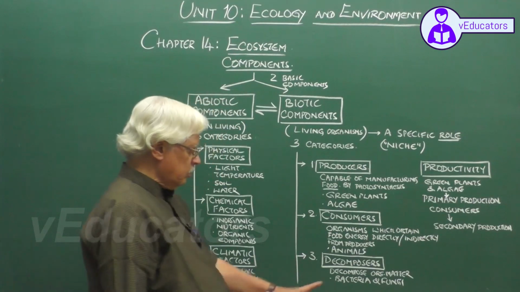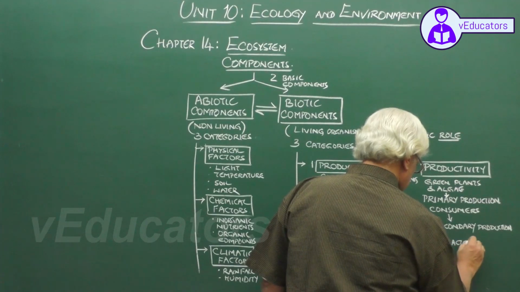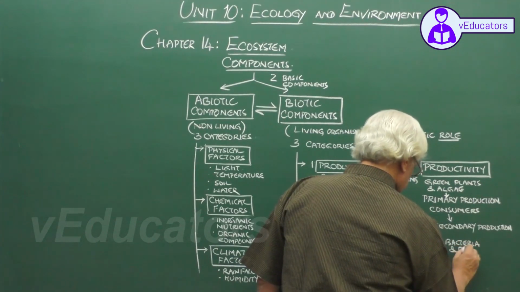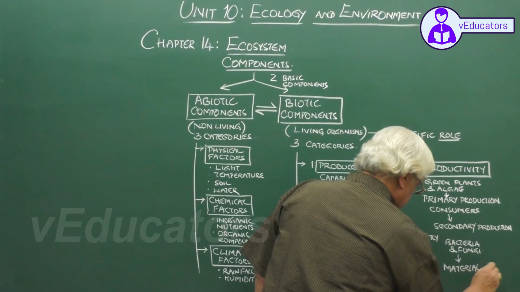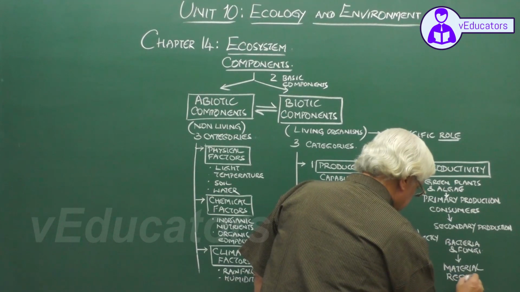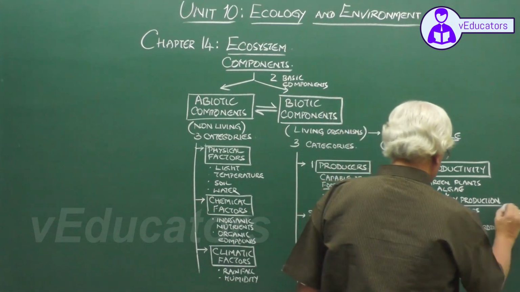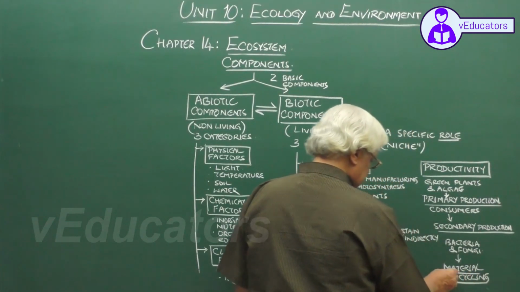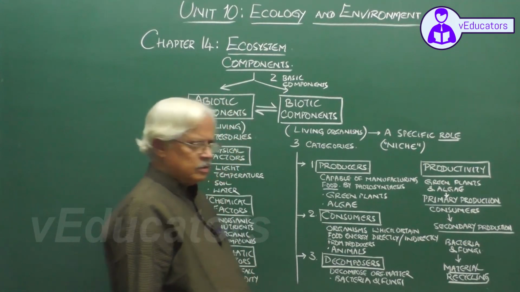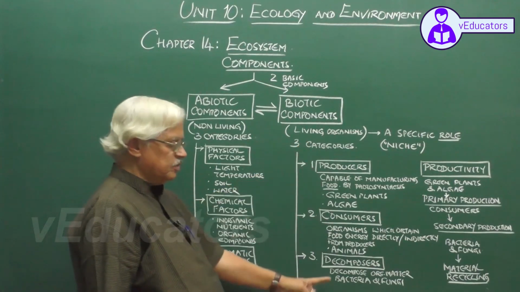And the role played by bacteria and fungi is decomposition, or it is also known as material recycling. So primary production, secondary production, and material recycling. These are the significant activities carried out by the living components in the ecosystem.